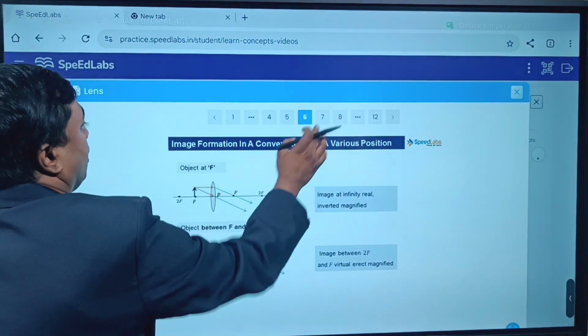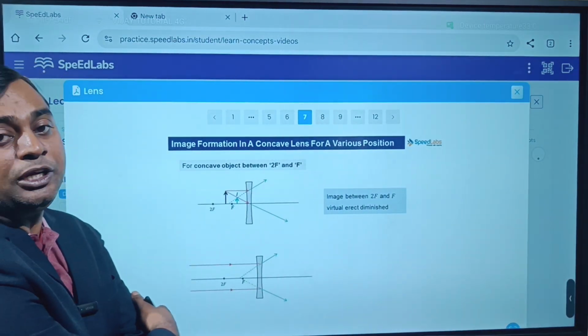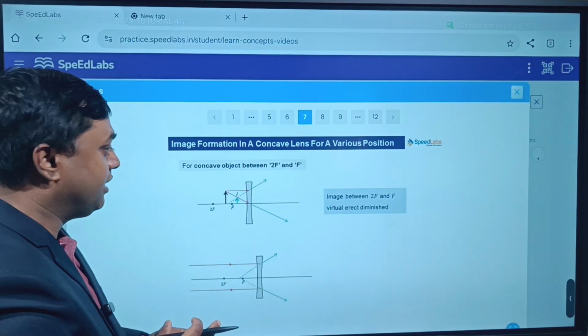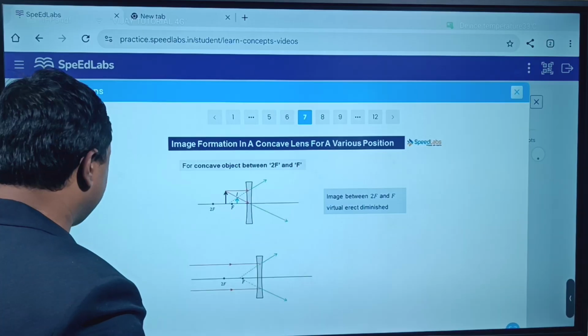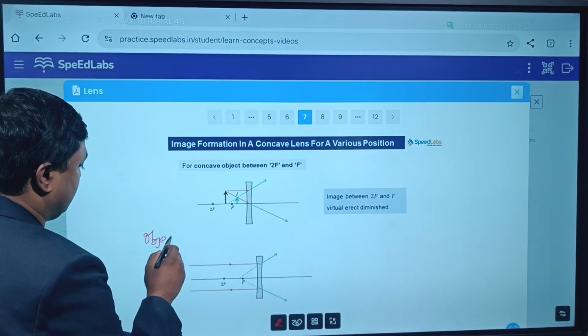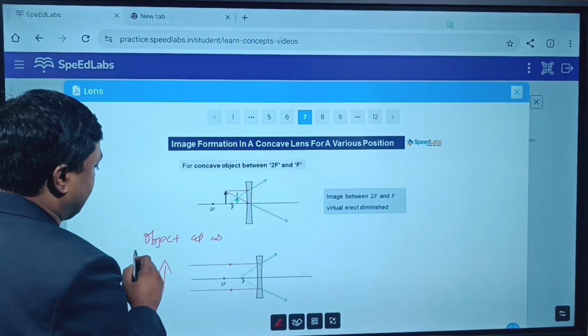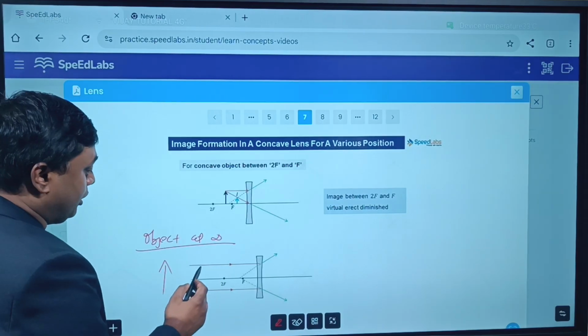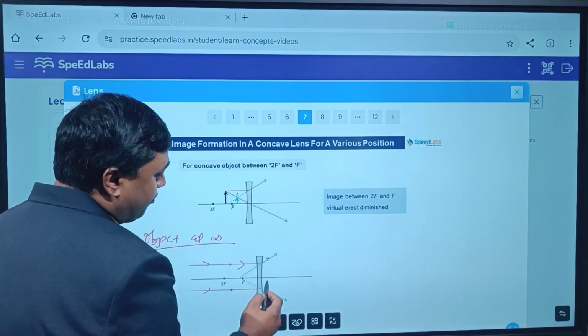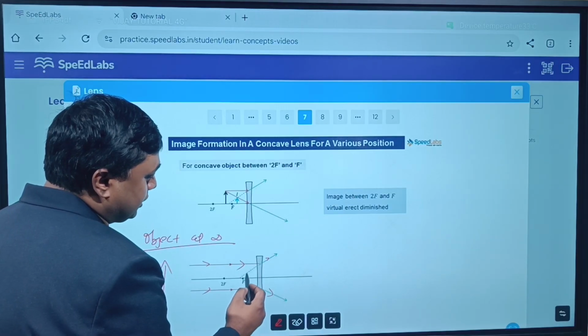Okay, now we'll see the image formation by concave lens. Okay, concave lens is also called as divergent lens. So first one, we'll take the object at infinity. Let's see, this is the object at infinity. As I told you, when the light is coming from the infinite objects, it will come parallelly. So according to the law, it will diverge. It will appear to pass through focus, yes or no. This light ray, you can see it appears to pass through focus.